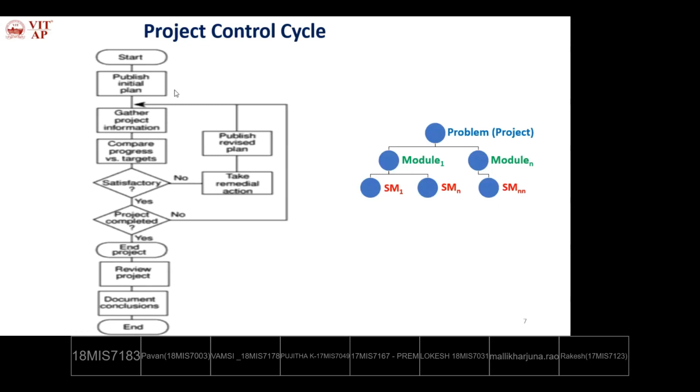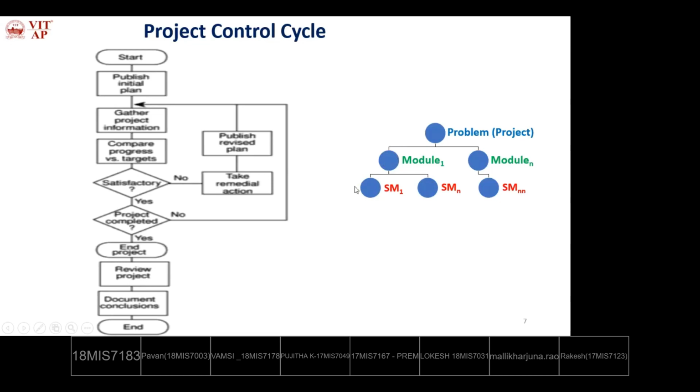Gather project information according to the industry need and the user's perspective. Then start implementation and proceed towards finishing the project. While doing so, compare progress versus targets. As we discussed earlier, every submodule and module has target dates.